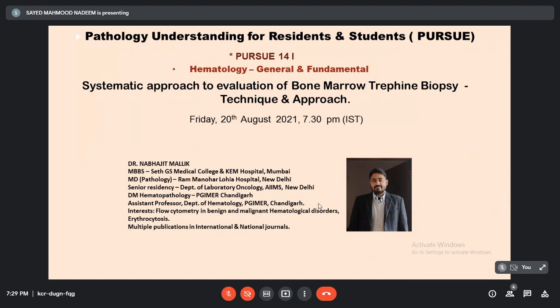DM Hematopathology from PGI Chandigarh. He is right now an assistant professor in the Department of Hematology, PGI Chandigarh, with interest in flow cytometry in benign and malignant hematological disorders, erythrocytosis, and multiple publications in international and national journals. A person with all the feathers in the cap and very well known in hematology.